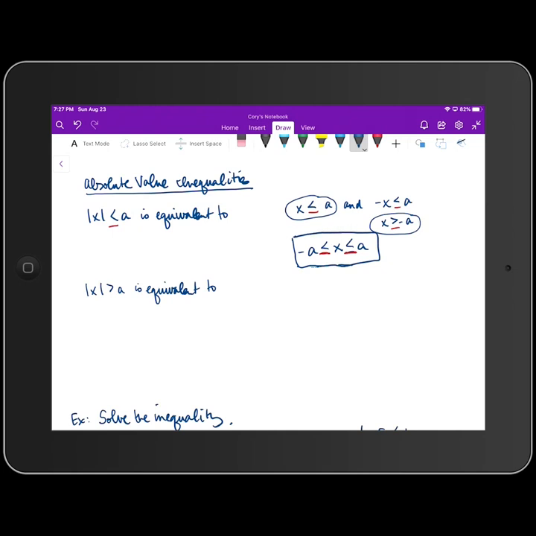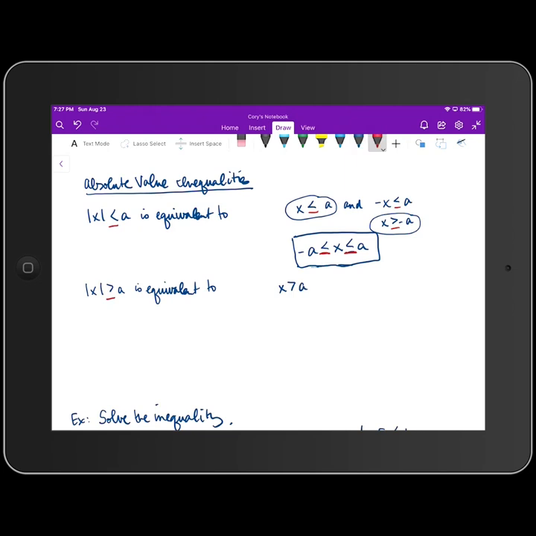All right, when you have the absolute value of x is greater than or equal to a, when you use that same process, that's going to be equivalent to, again, two different outputs. The first possibility is what's inside the absolute value bars is positive. If that's the case, the absolute value of something that's positive is the expression itself.